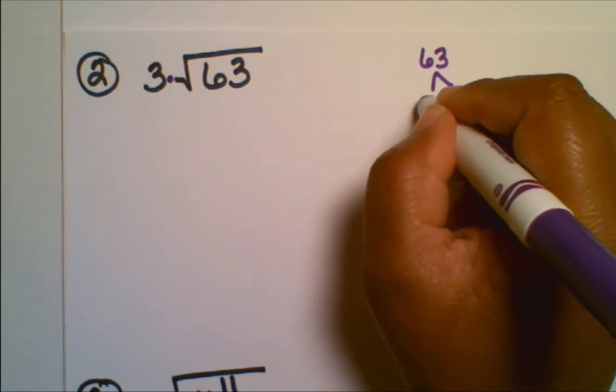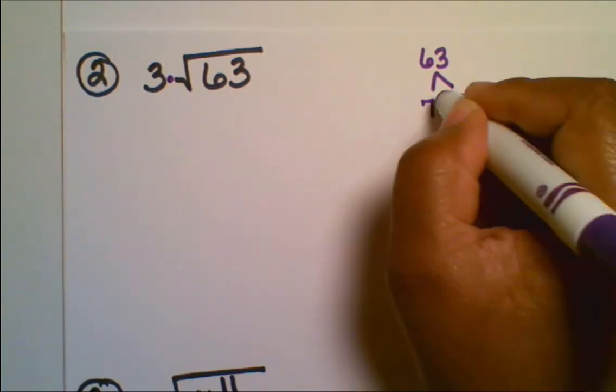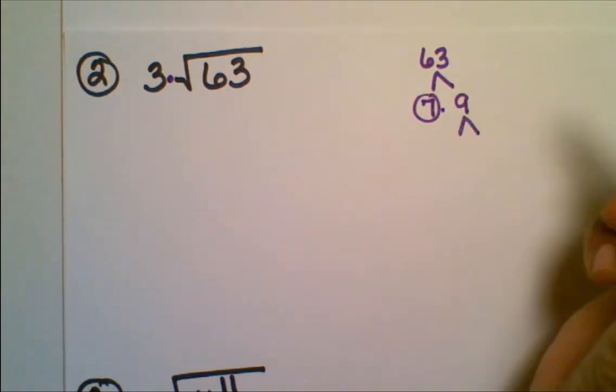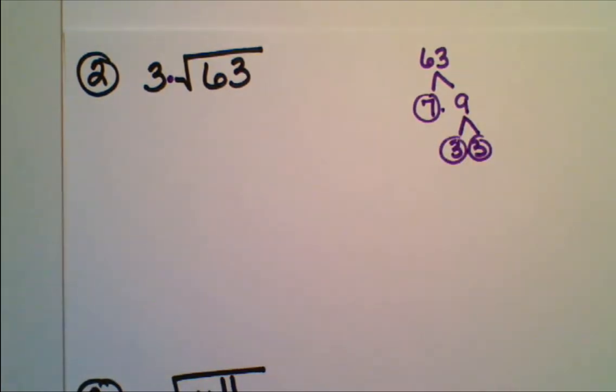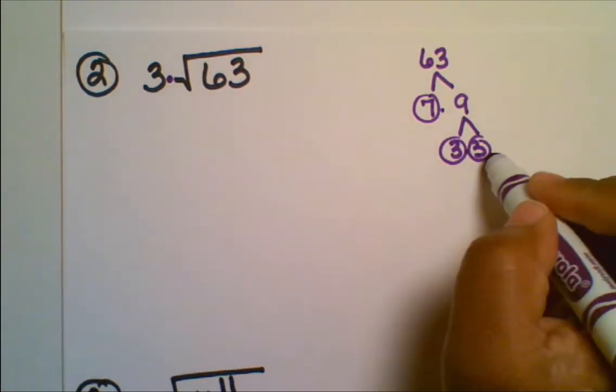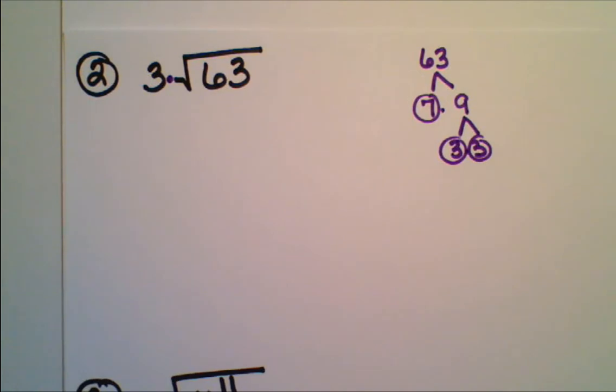We have 7 times 9, 7 being prime. We're going to branch down 9. We have 3 times 3. So these are the prime factors for 63.